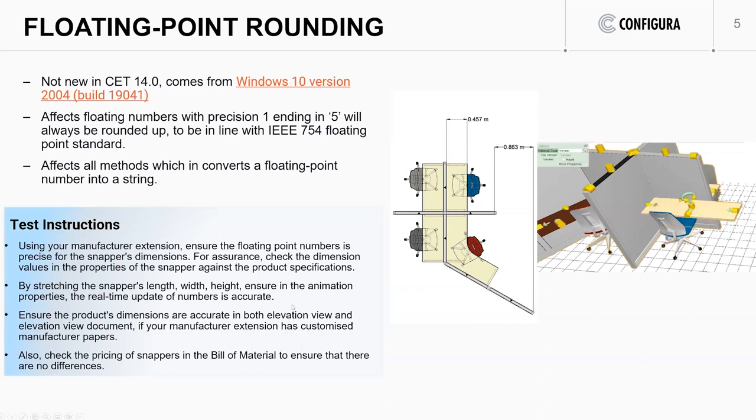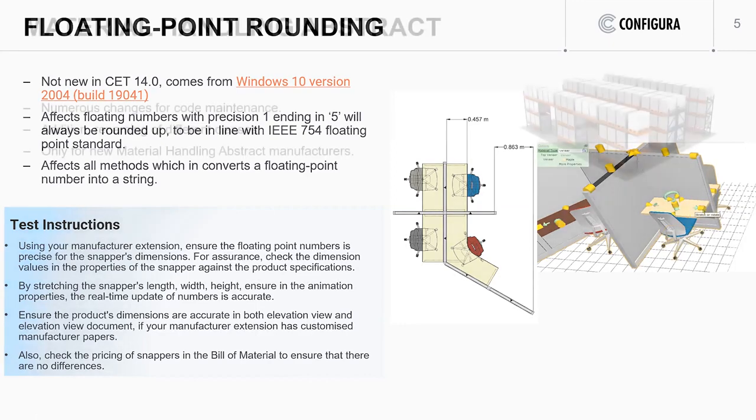If you have that, please check that the elevation view dimensions are accurate. Also, please check the pricing of the snappers in the BOM, just to ensure you don't lose a cent. Basically, there should be no differences as you compare against CET 13.5.